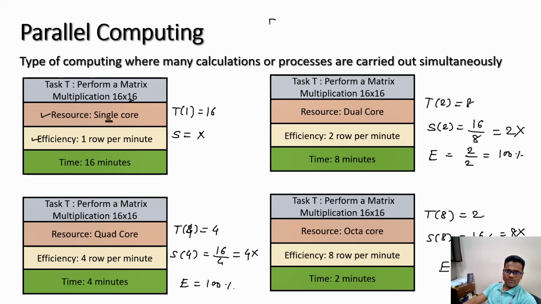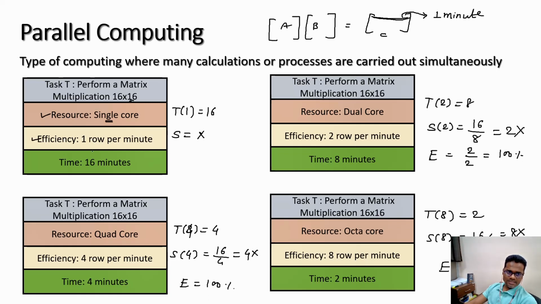If you recall, the matrix multiplication task is like this: I have a matrix A, which is multiplied by matrix B, and I get matrix C. I'll not go into the details of how to perform this computation, but let's say computing one row of the resultant matrix takes 1 minute. That is the efficiency of this single core CPU.